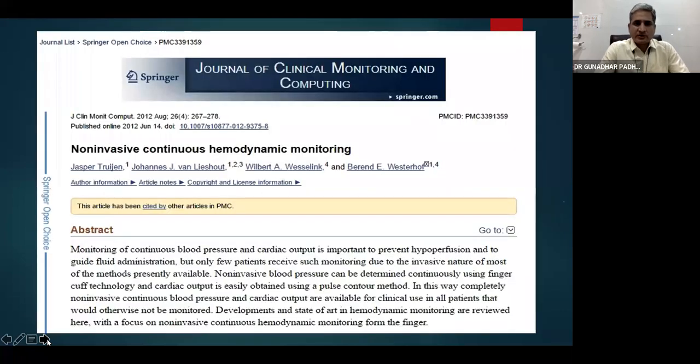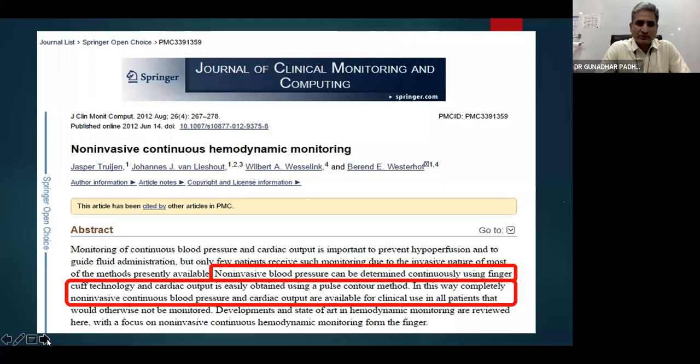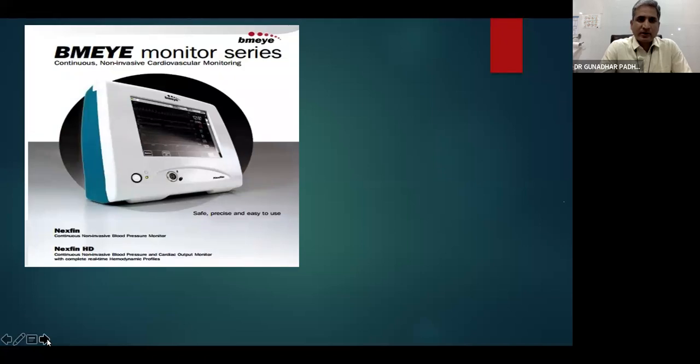Non-invasive continuous hemodynamic monitoring is always a good tool, and there are a lot of papers which say that these are tools which show you the earliest sign of shock. These are different non-invasive cardiac output monitors which are in the pipeline, where you just need to put the finger probe of the monitor. These are continuous non-invasive cardiovascular monitoring tools being developed by different companies.